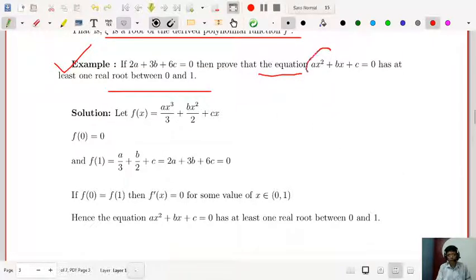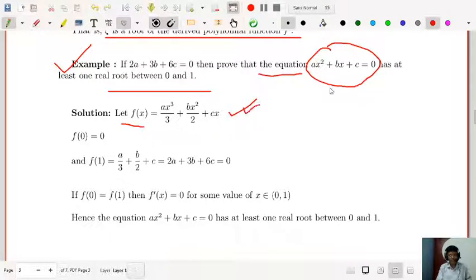If you integrate this, you have ax cube by 3 plus bx square by 2 plus cx, without any constant. I am not taking an arbitrary constant. Let that be the function f(x).